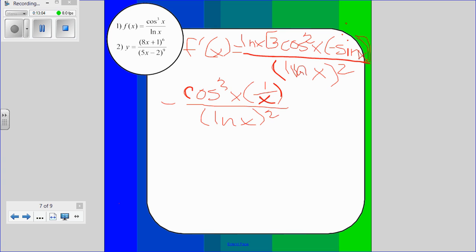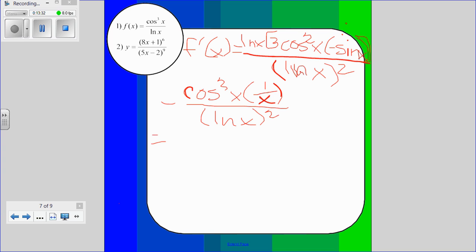All right, on the top there, my problem is that I can't leave a fraction within a fraction. So that means I need to multiply the first one times x on the top and the bottom in order to get rid of this. So all the way through the entire top I'm multiplying by x, and all the way through the entire bottom I am multiplying by x in order to get rid of that 1 over x.